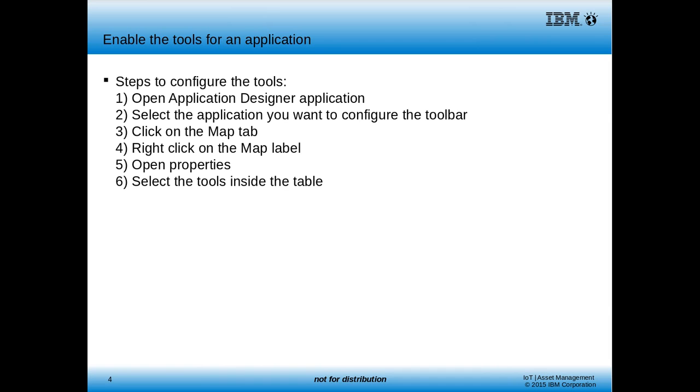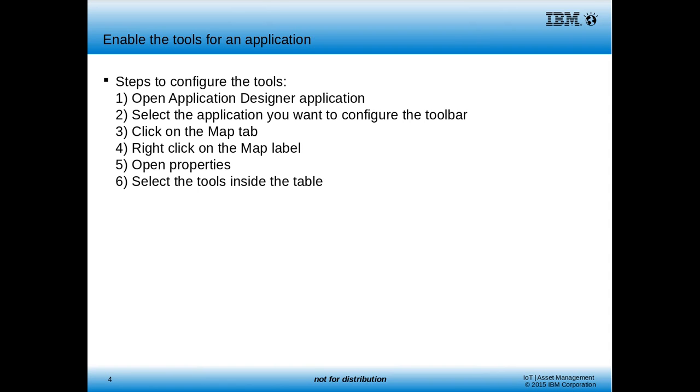Okay, these are the basic steps to enable the tools inside the Application Designer. First you need to open the Application Designer. Step number 2 is select the application you want to enable the tools for.